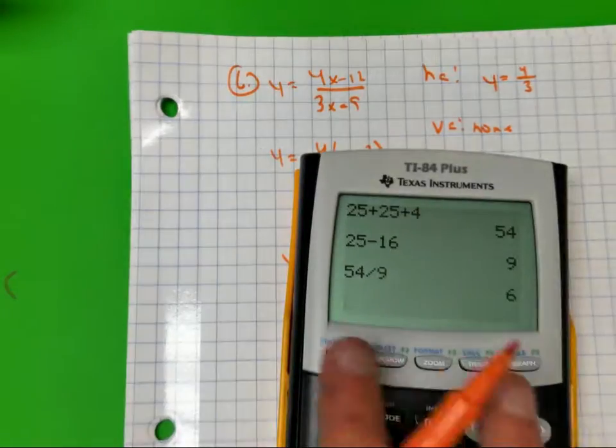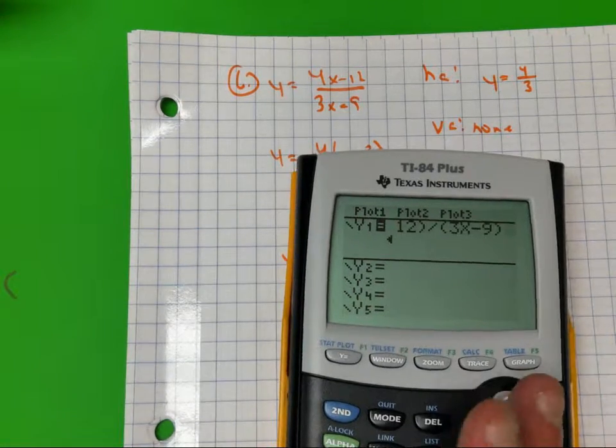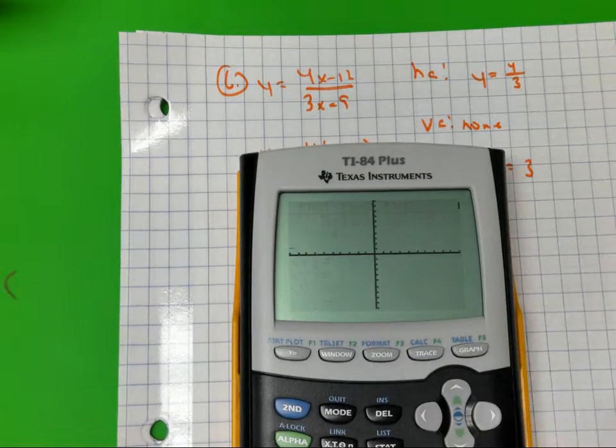So let's look at what this graph's going to look like if I was to graph this original. Like I said, this is kind of a weird one. I wouldn't do this to you on a major assessment. But if I was to graph this, it's pretty much where my horizontal asymptote would be at. So it's just y equals 4/3.